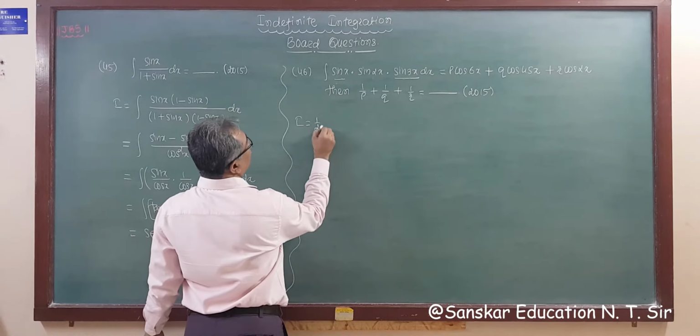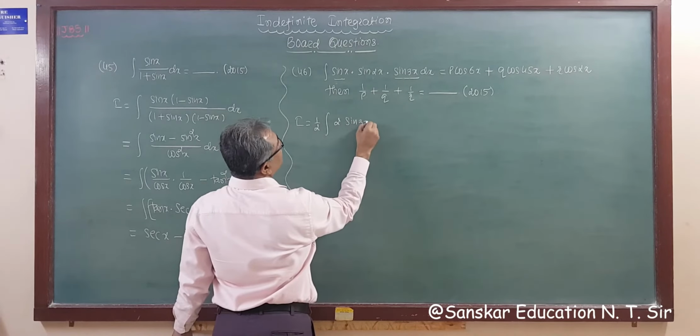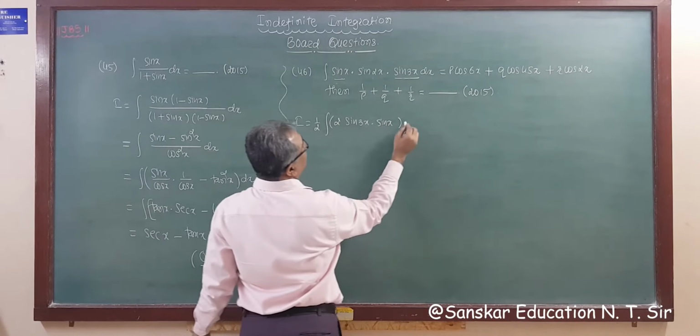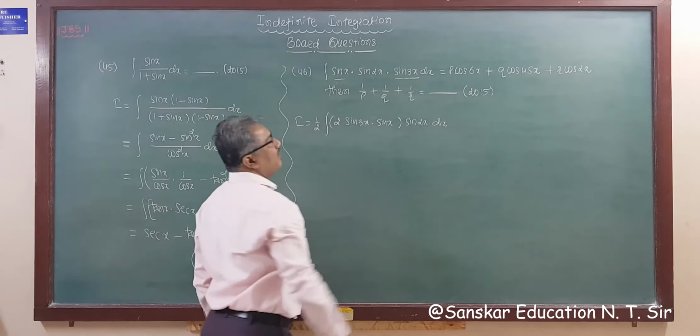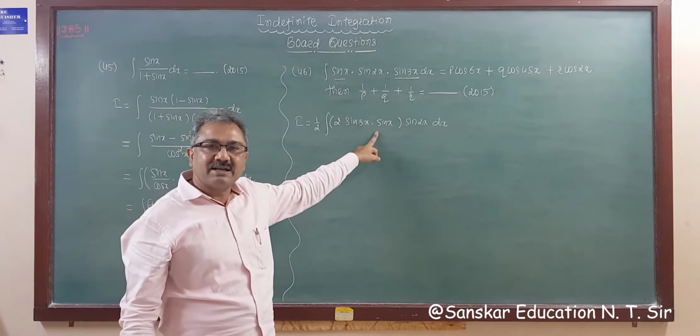So we get 1 upon 2 integration of 2, keeping the larger angle first, sin 3x into sin x into sin 2x dx. Now you have the formula 2 sin A sin B is cos(A minus B) minus cos(A plus B).